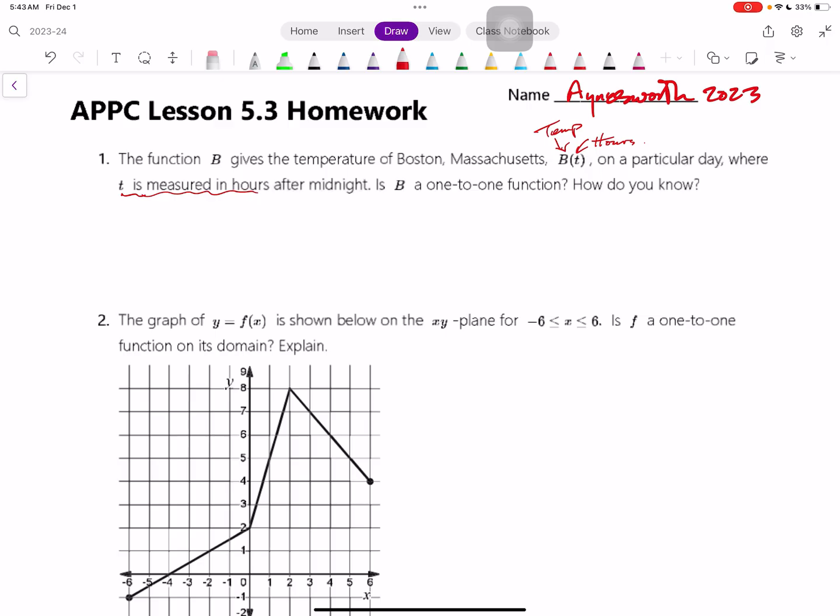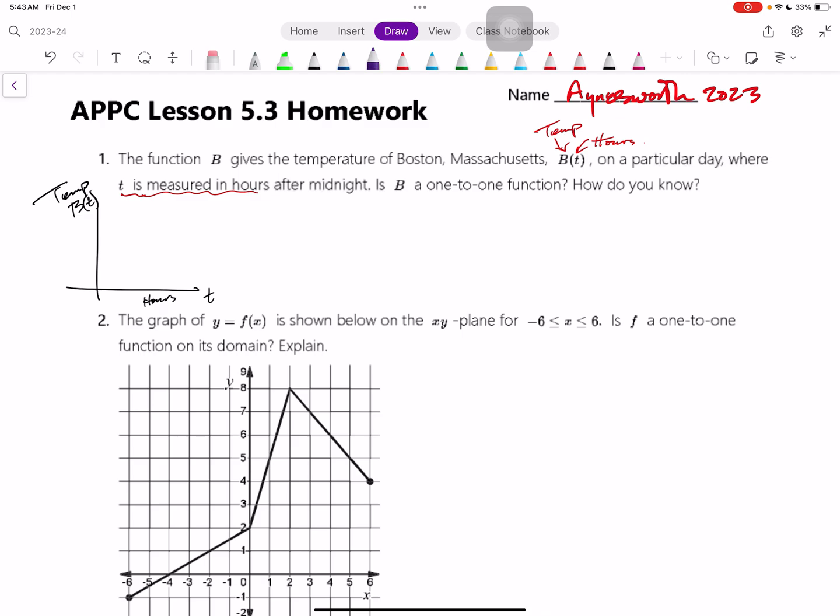Is B 1 to 1? How do you know? Well, when you take a look at the temperature over a particular period of time, it is possible for the temperature to go up and down. If I just drew a little sketch here, T is the number of hours after midnight, and up here we have B of T, the temperature. It is possible to have the temperature fluctuate.